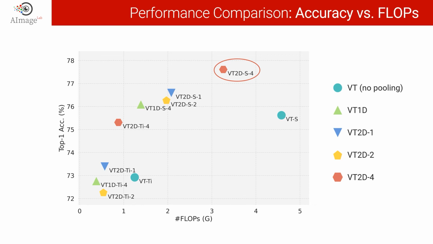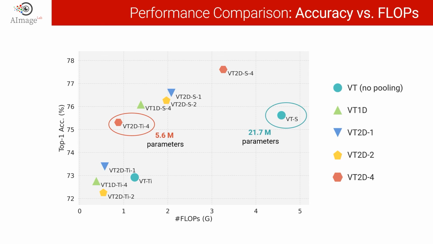while the tiny configuration of our VT2D4 with only 5.6 million parameters achieves performance in terms of accuracy that is comparable to the one of the baseline without pooling in its small configuration, having 21.7 million parameters, but with a significant reduction in computational load in terms of flops.